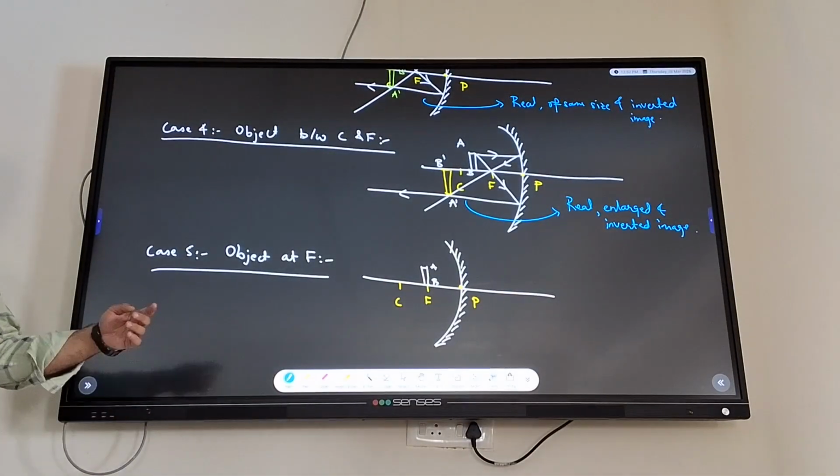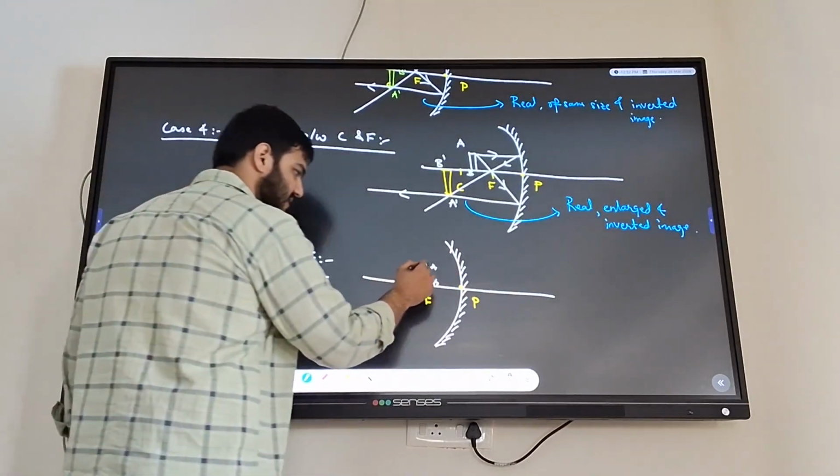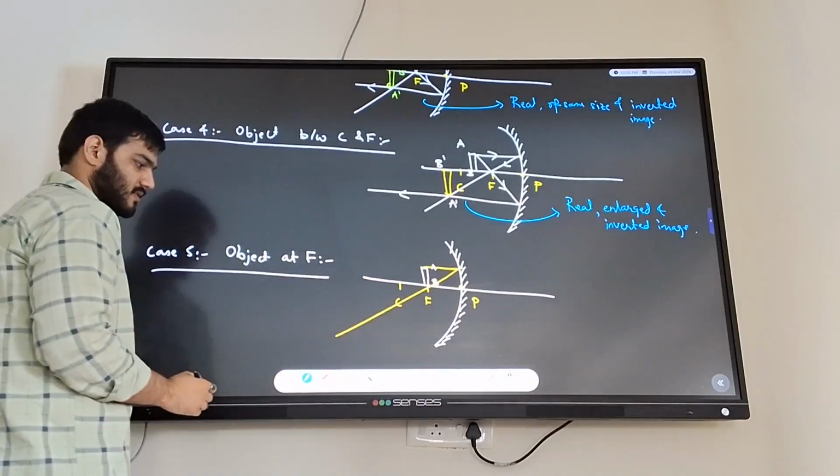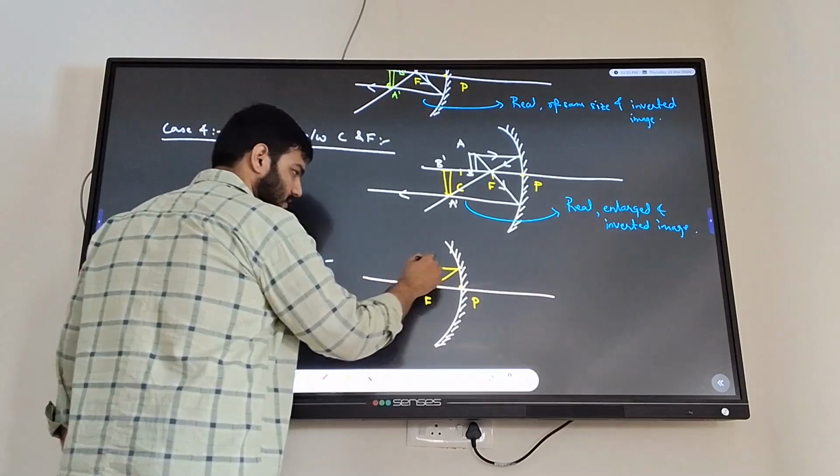Can you tell me which two rays should I consider? One parallel to the principal axis, and one passing through C. Yes.